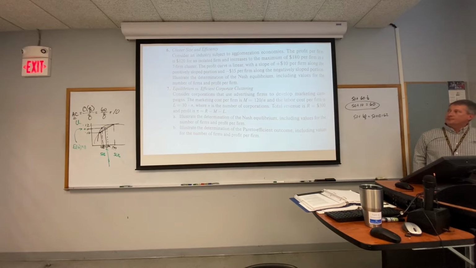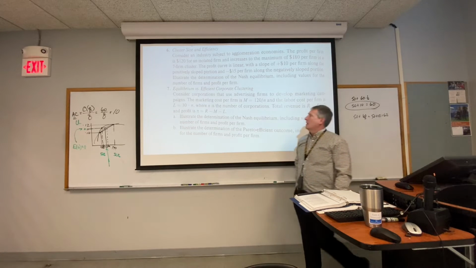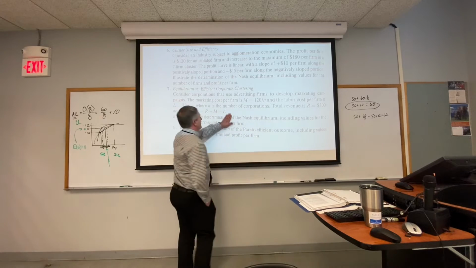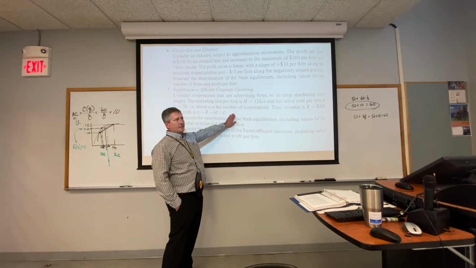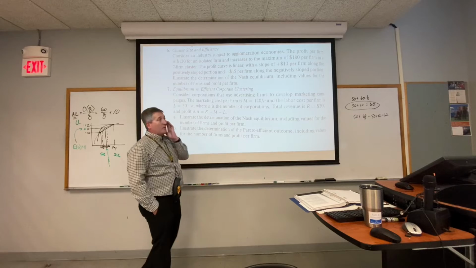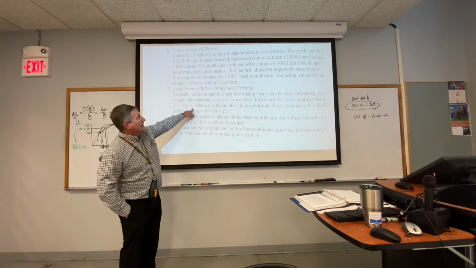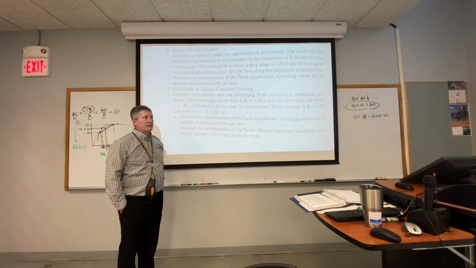And then, using that, it was 0 equals 300 minus M, and then you just plug in 120 divided by N for M, minus the 30 times N. So you basically just set this equation equal to 0, right? Yeah, exactly. And then solve for N, the number of corporations. Yeah. Okay?